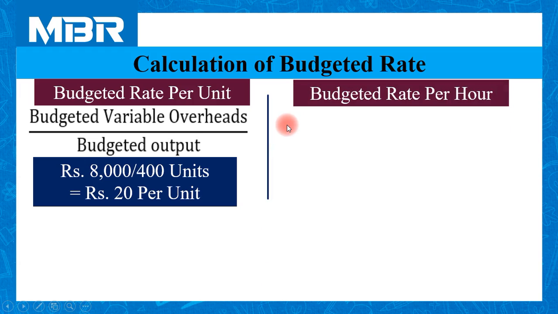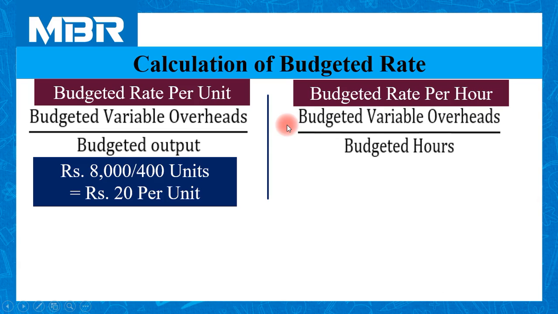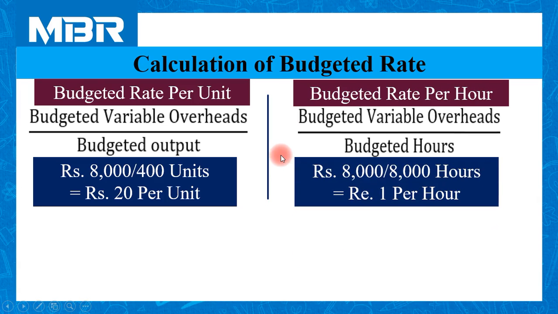Budgeted rate per hour, the second way of expression. Formula: budgeted variable overheads divided by budgeted hours. Rupees 8,000 is given as budgeted variable overheads by the examiner in a clear-cut form. Budgeted hours, 8,000 in total, that we need to calculate. You can check your question.